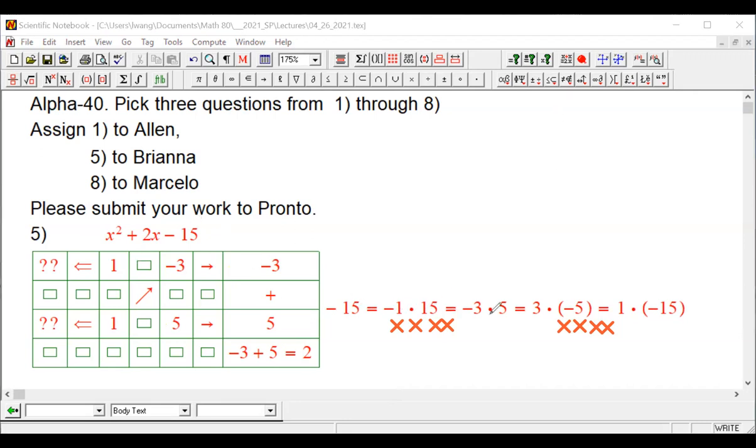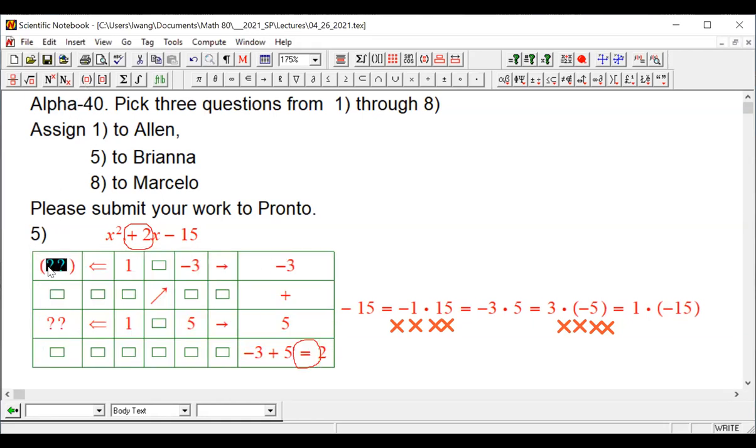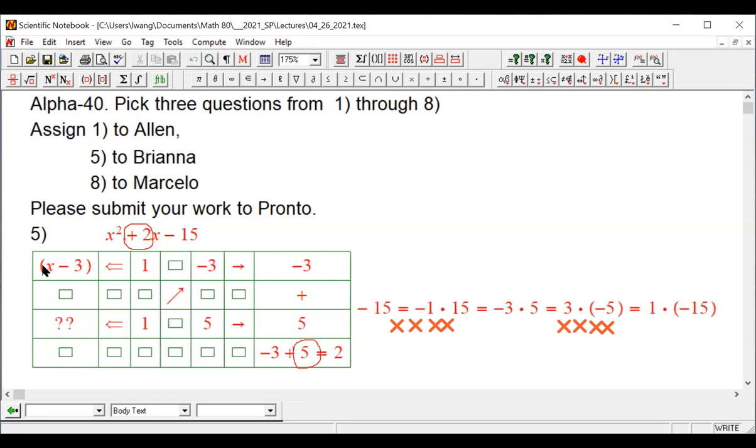This 2 matches the positive 2, along with the sign. Once we make the match, we can compose our factors. Over here is going to be x minus 3, and over here is going to be x plus 5.